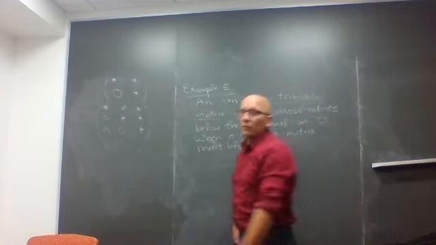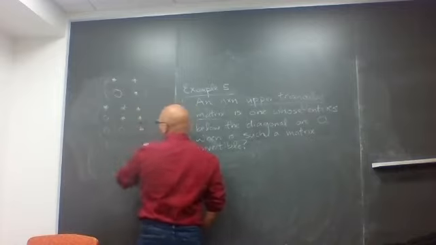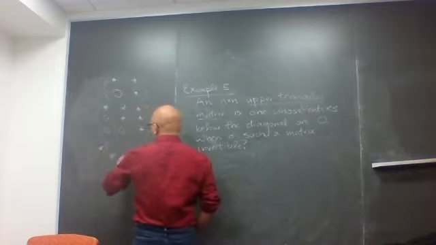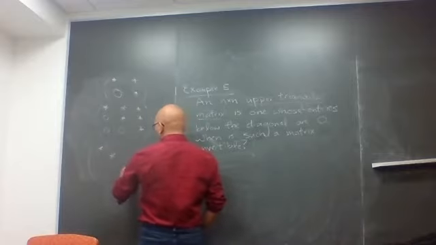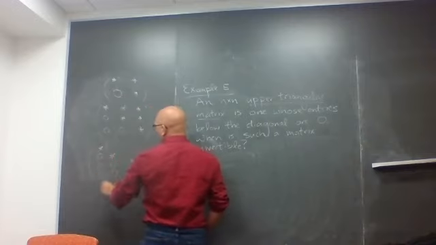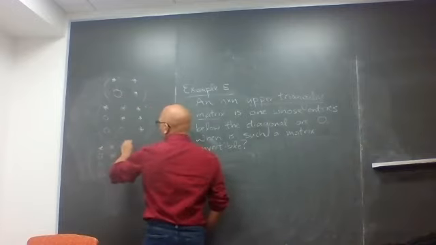Maybe just for good measure, a 4 by 4. But I think maybe now you have a sense of what this is going to look like. Four diagonal entries, below those are zeros, and then above those can be anything.